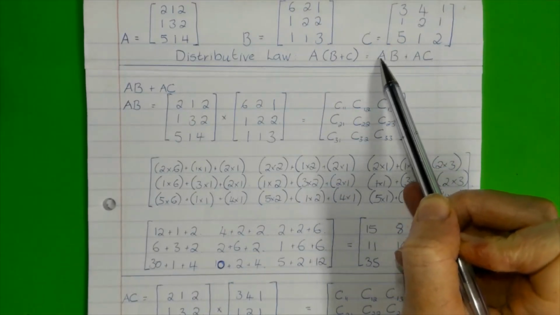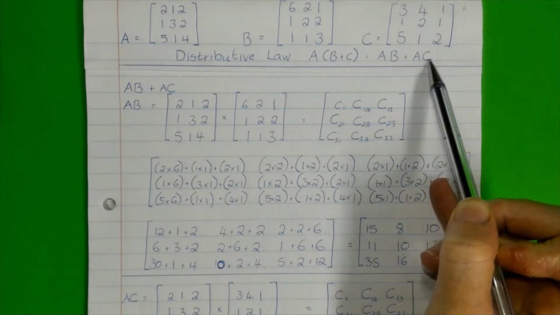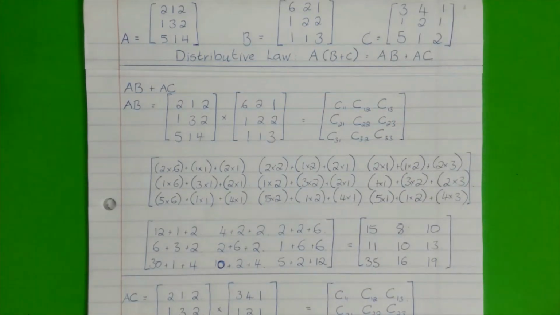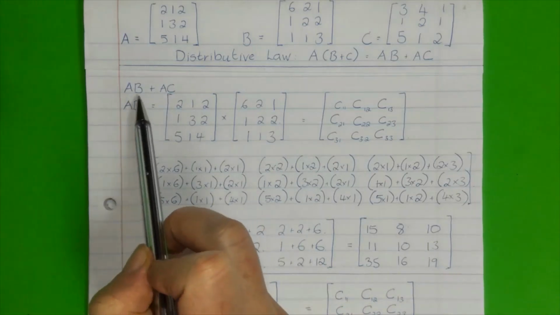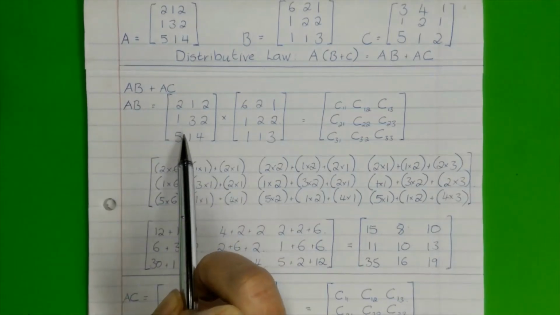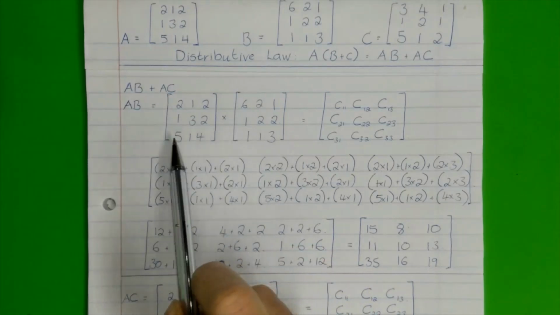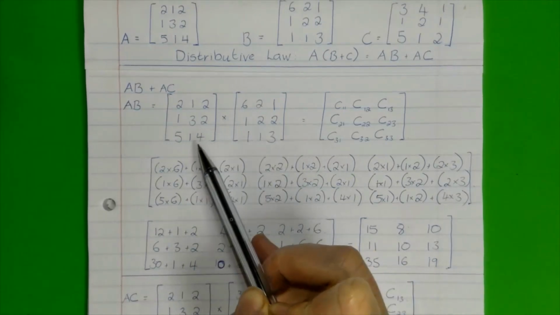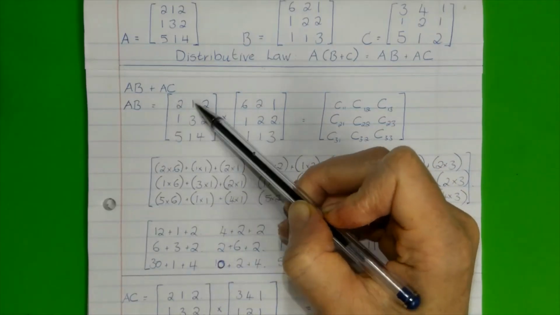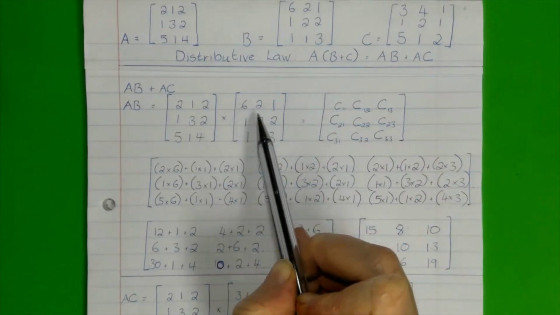We'll be multiplying matrix A and B and add it to the product of matrix A and C. We start with multiplying matrix A and B, and we have to see if they are conformable for multiplication, and we see that they are, because the number of columns of the lead matrix is 3, and the number of rows of the lag matrix is also 3.